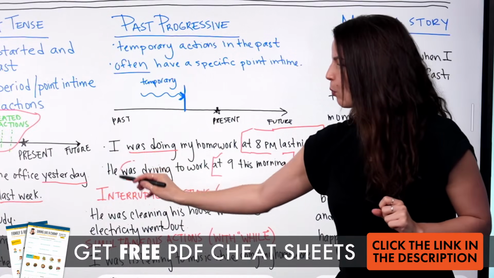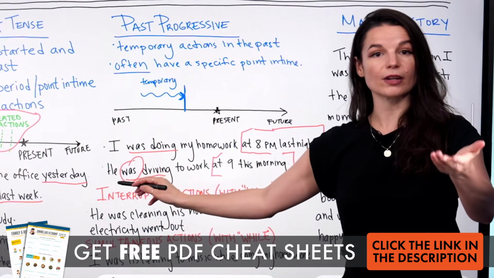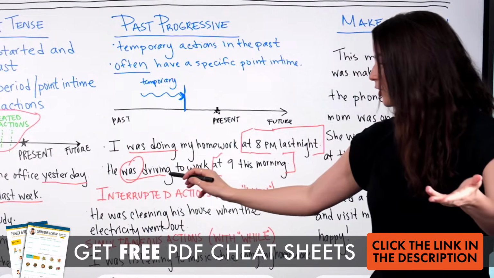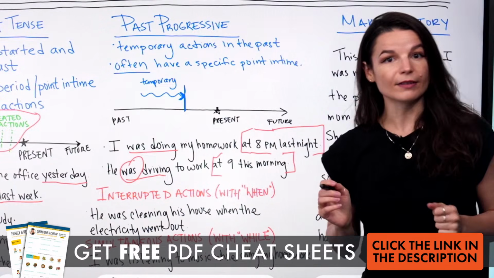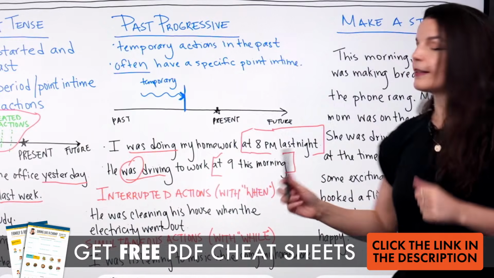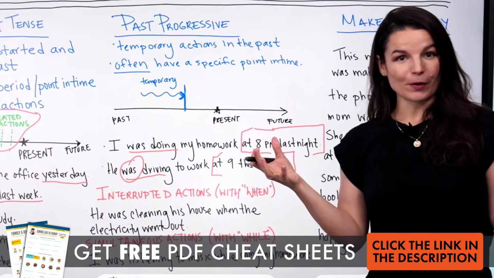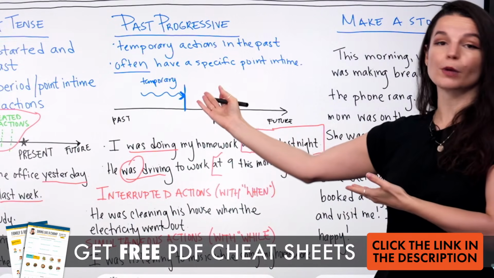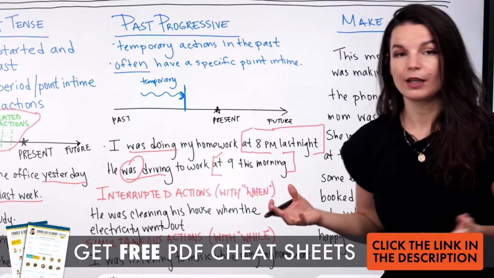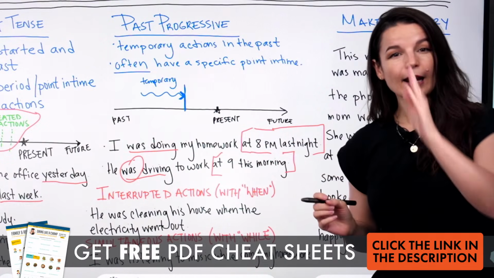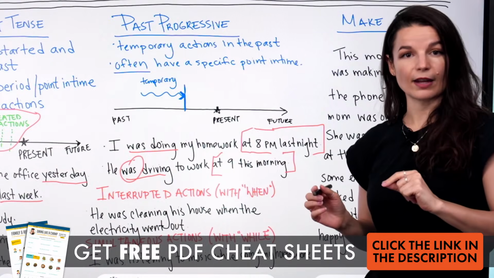We have the was be verb to match our subject, he, ing verb form, and a specific point in time at 9 this morning, right? So again, this means around 9 this morning. This was his temporary action, okay? Maybe it took 30 minutes to drive to work, but we just want to say at 9, that's what he was doing at that time, okay?